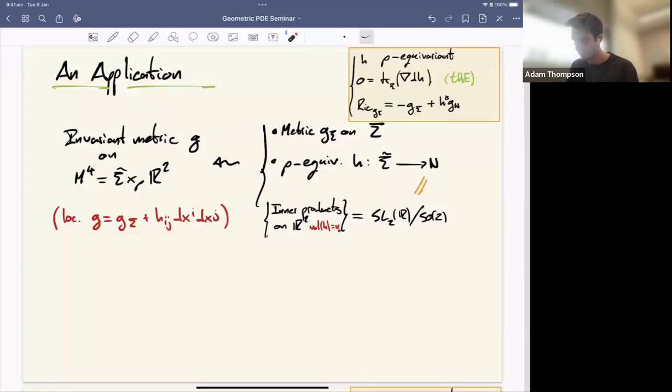So I take the metric I specified on the base and this metric on R2 determined by my rho equivariant map H. Of course, H goes into SL2R mod SO2, so there's some ambiguity there. It's not a proper matrix, but since I only care about the symmetric part, that doesn't matter.